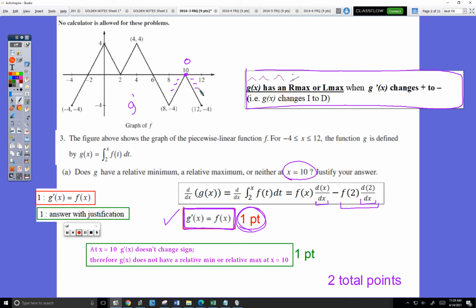Those values of G prime did not change from positive to negative. So now I just have to write that out. So here's my explanation. At x equal 10, G prime does not change sign. Therefore, G does not have a relative min or a relative max at x equal 10. That's the second of the 2 points.